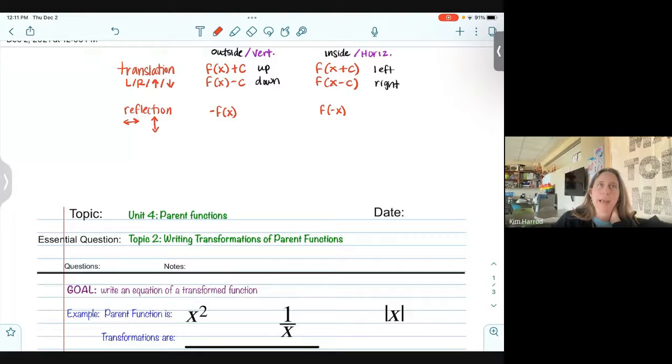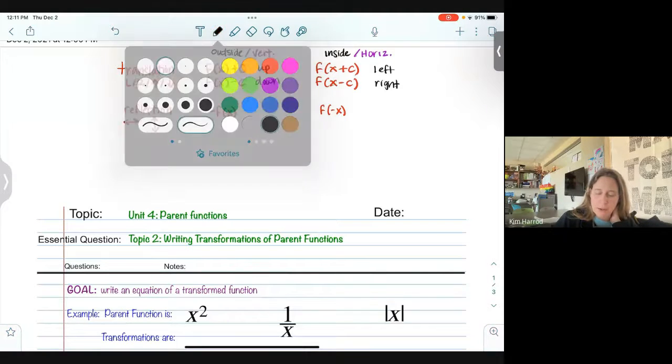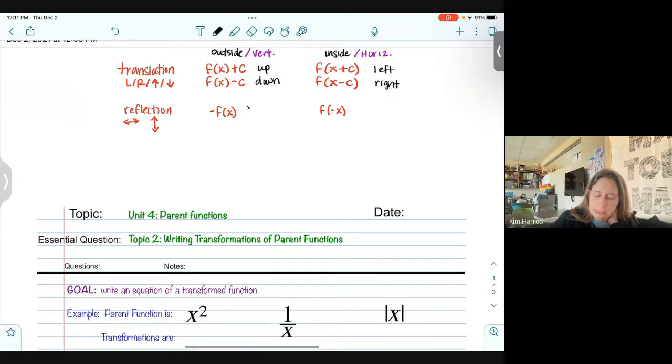So whether you had negative square root of x or the square root of negative x. When it was in front, we call that one an x-axis reflection. Some people like to call it a vertical reflection. Either one is fine, but it is a reflection. And when it is inside, we end up with a y-axis reflection, or again, you can just call that a horizontal reflection. So translations and reflections usually are the 2 that people have the most initial success with.